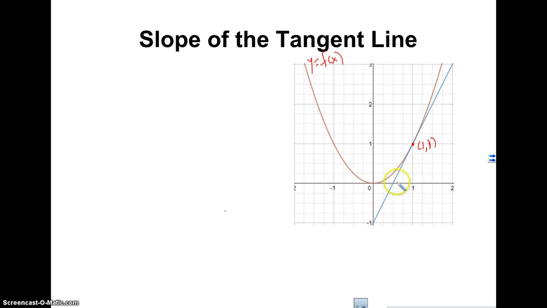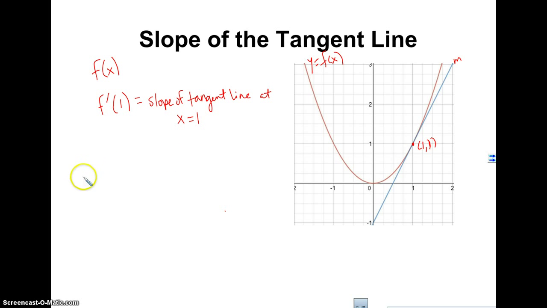The slope of the line tangent to this is going to be the derivative. So if this is f of x, the derivative of f at 1 is equal to the slope of the tangent line at x equals 1.